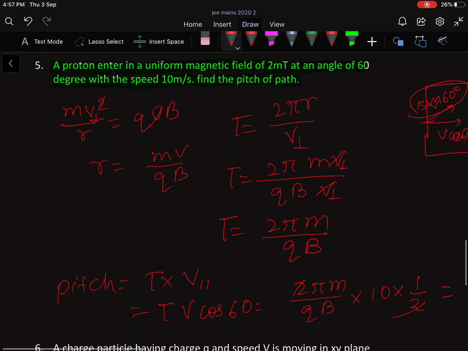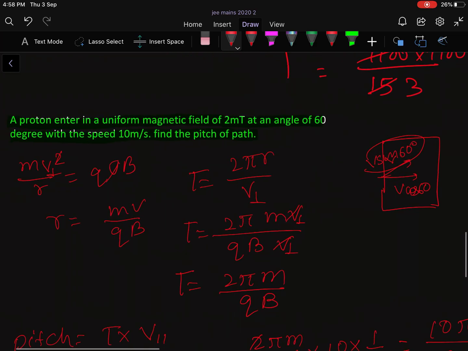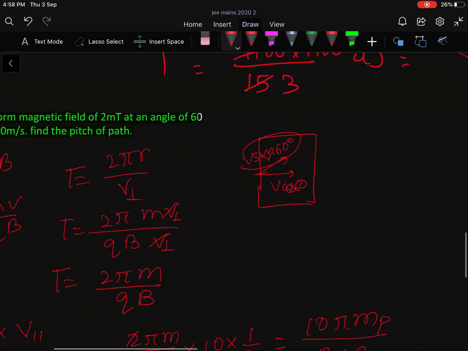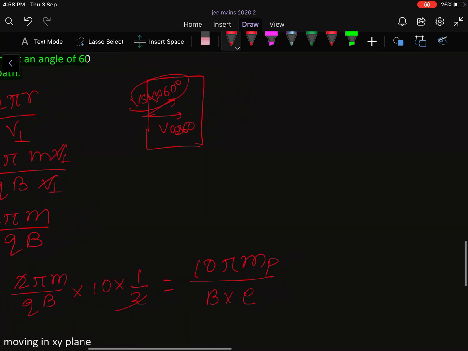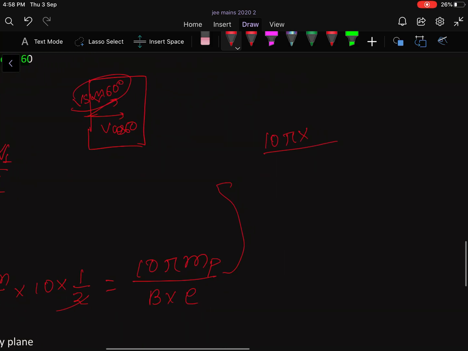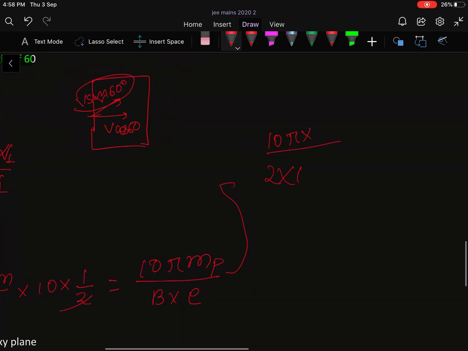Now, if they have asked for the value, find the value using this. Otherwise you can just leave it here, but I will find the value for you because the magnetic field is given, that is 2 millitesla. So 10 pi times the mass of the proton, and the magnetic field is 2 into 10 to the power minus 3.